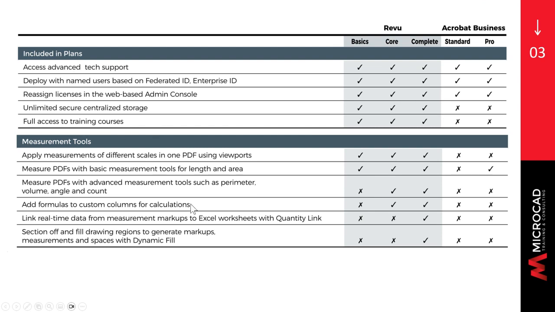Maybe they are going to send you some drawings. You need to do some measurement tools. Now, notice the comparison between the two softwares, right? Review basically is going to allow you to make that bridge between a heavy program such as AutoCAD to a basic type of format, which is going to be PDF.